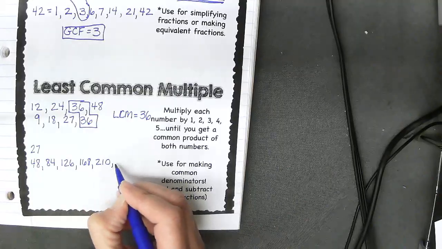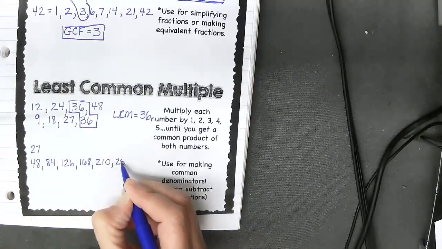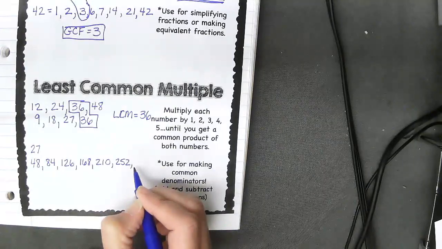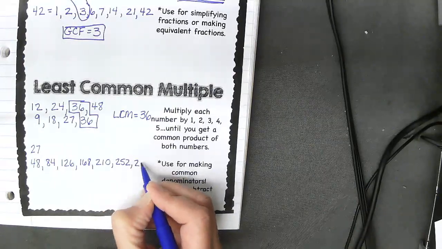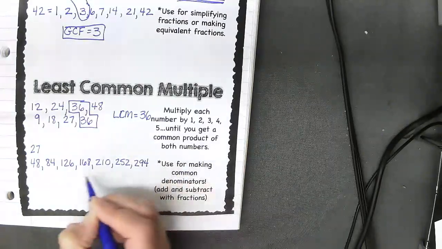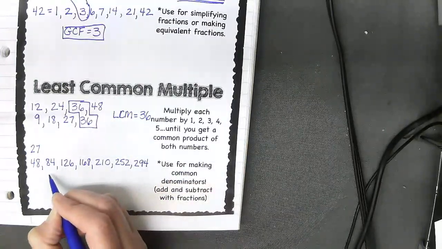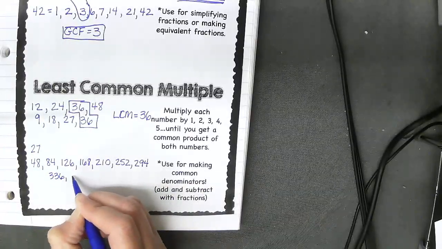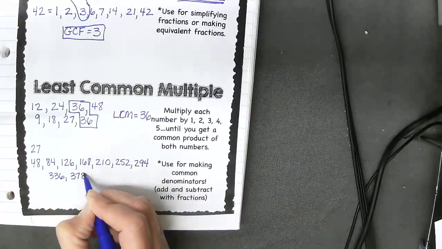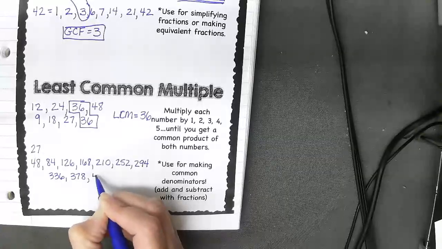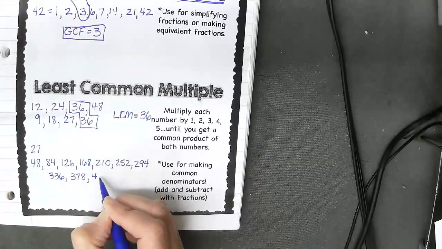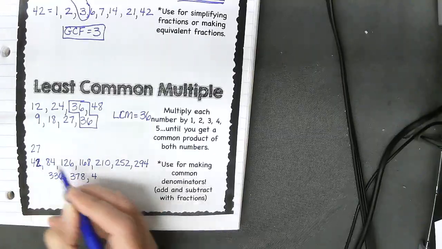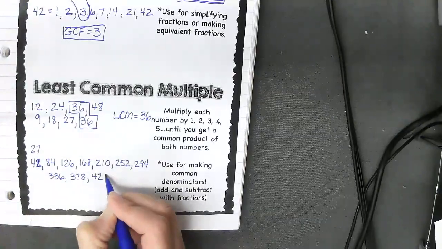Times 6 is 288. Times 7 is 336. Times 8 is 384. Times 9 is 432. And times 10 is 480.